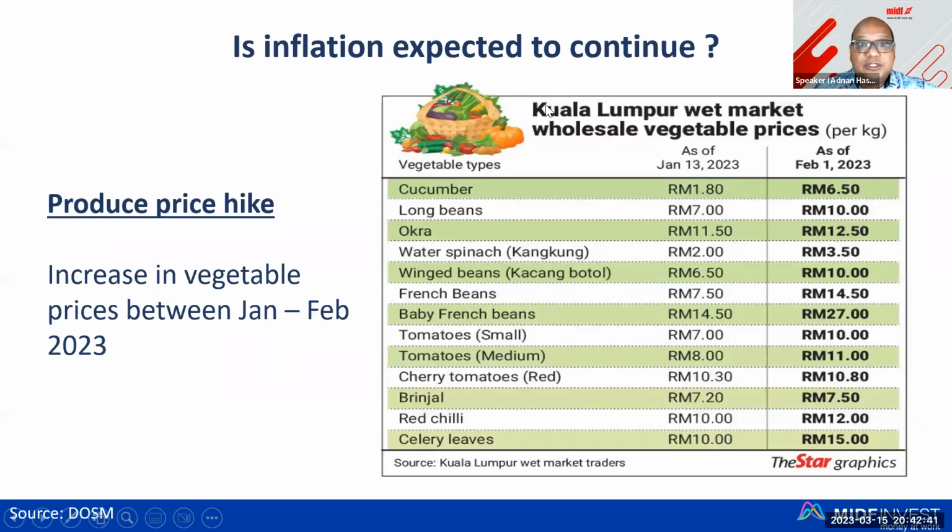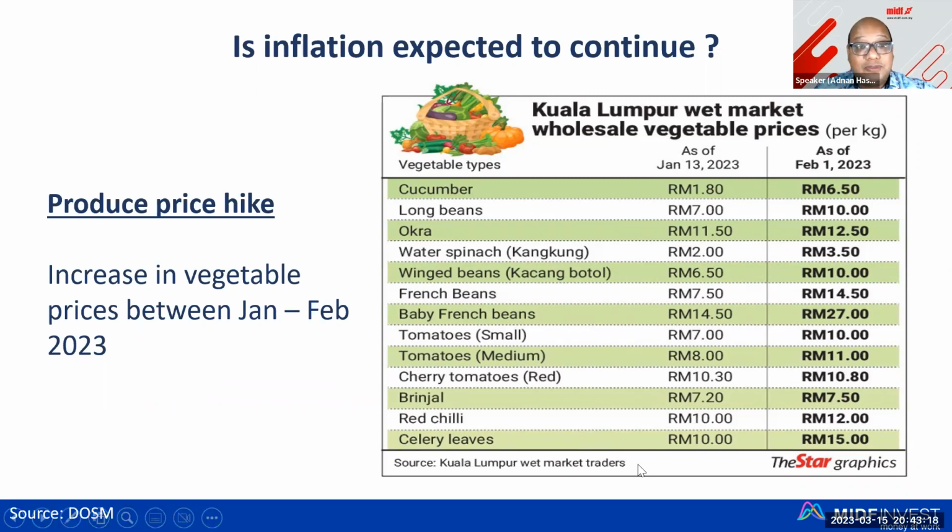And if we look at 2023, we could see the prices of a lot of vegetables this year alone, between January and February. This is what I got from the Star. And if we think that with 2022 ending, that will be the end of the inflation nightmare, I'm sorry to tell you guys, looking at 2023, the Star actually got this from the KL wet market traders.